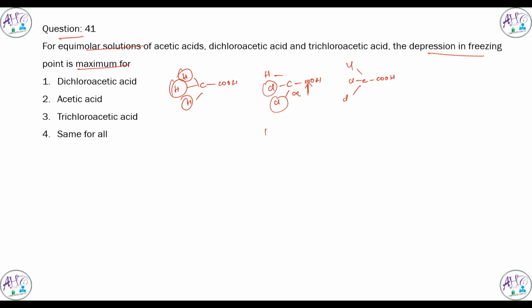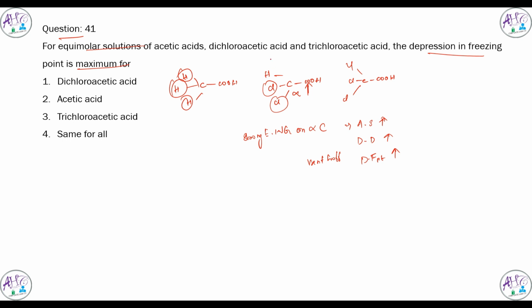If you have a strong electron withdrawing group on the alpha carbon, your acid strength is going to increase, which will also increase your degree of dissociation. Okay, degree of dissociation is going to be high, which is eventually backed up with the Van 't Hoff factor. So with Van 't Hoff factor you can say that your depression in freezing point is also going to be high.